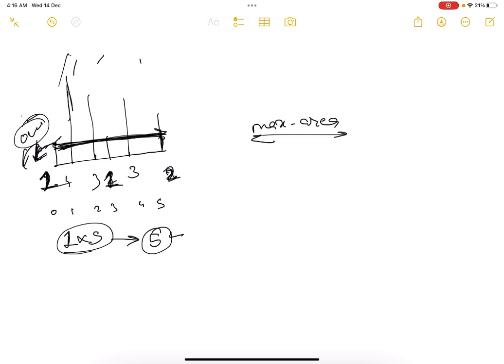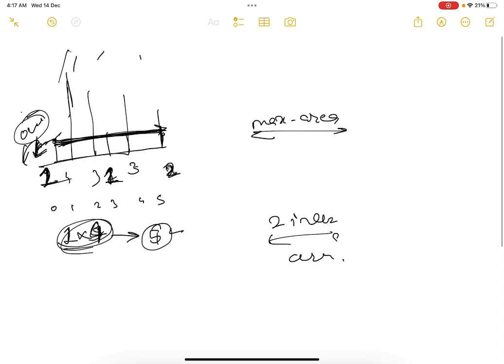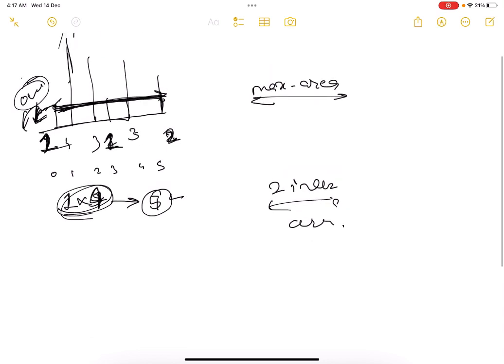So we have to select the maximum area. If we select 3 and 1, it will be till 3 and it will be 4 into 1. So in this way we have to select two indexes such that the area is maximum, right? Here we can observe 1 4 3 1 3 and here 2.